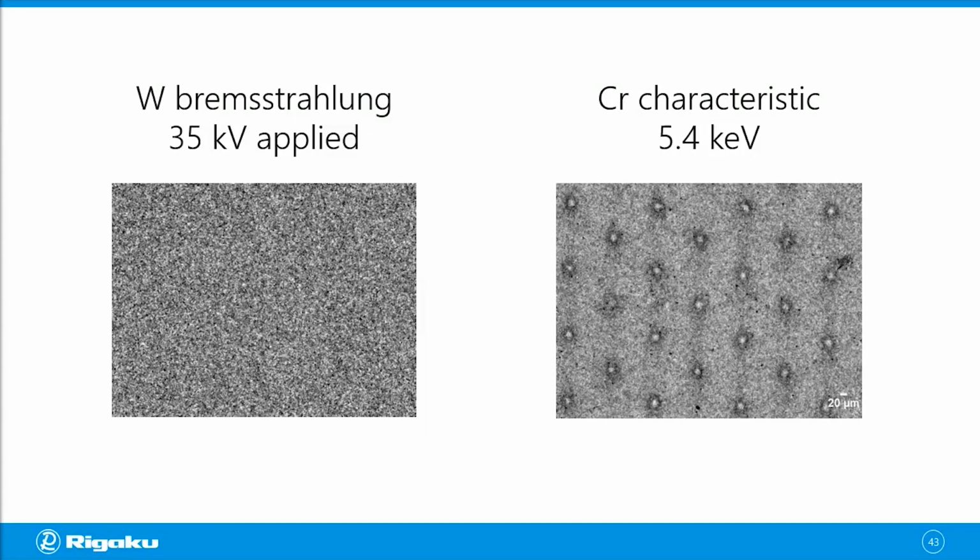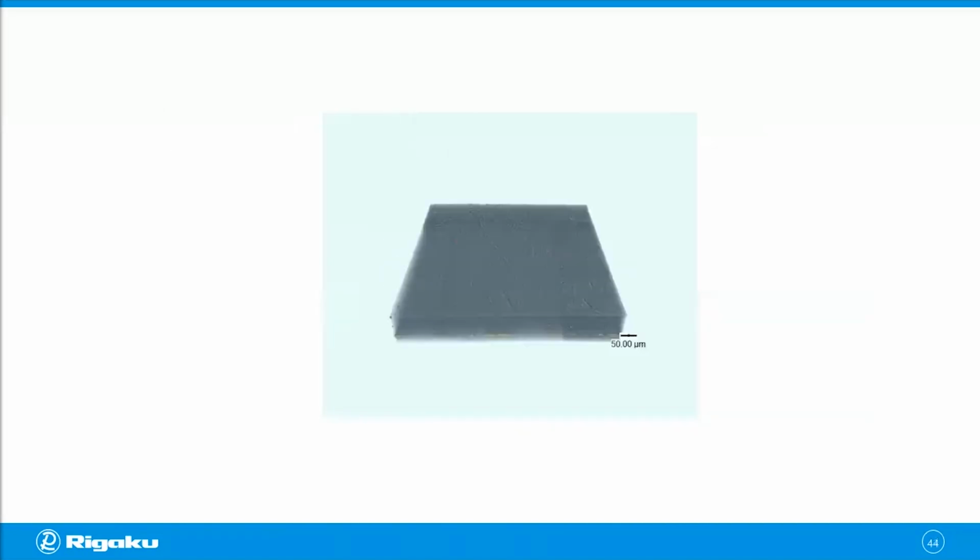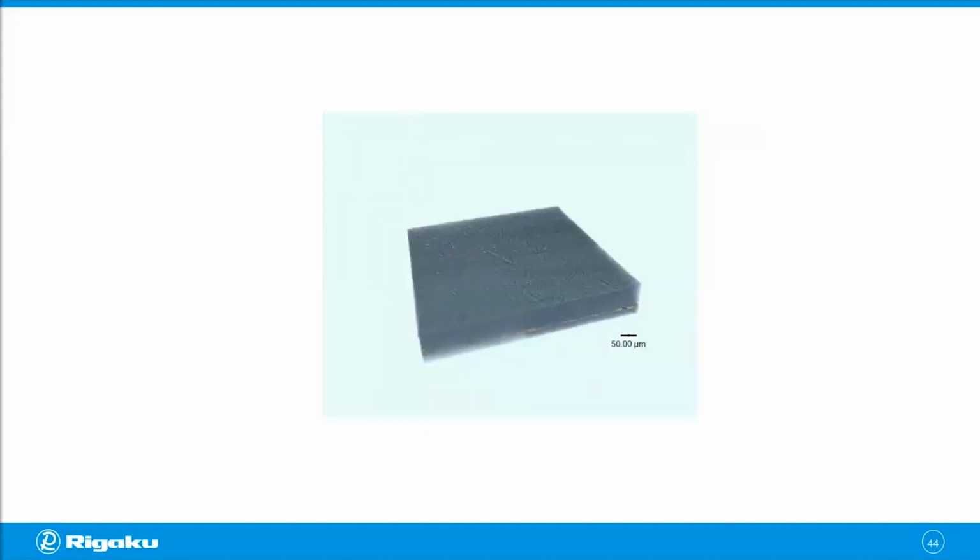And this is just a 2D projection, but you can do a full CT scan and look at this film in 3D. And because we are using low energy X-rays at 5.4 keV, you can clearly see the difference between the sandwiching organic films and the membrane filter, and you can see some fillings as well.